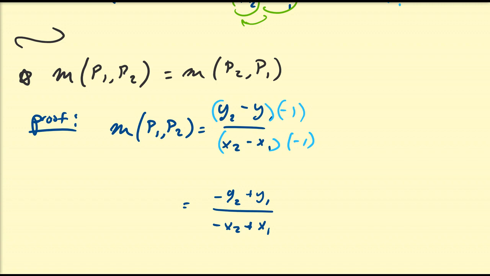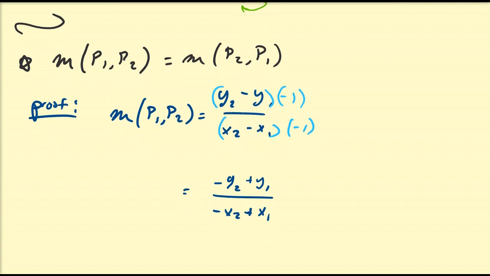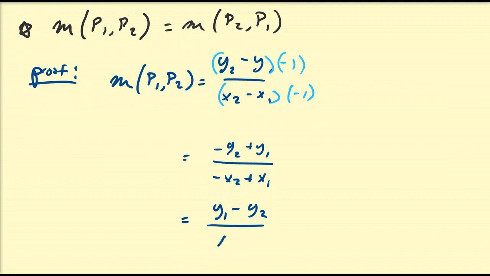And then by the commutative property of addition, we can rearrange these expressions. So this is just going to be equal to y1 minus y2, all divided by x1 minus x2. And of course, this is the slope between point 2 and point 1. So it doesn't really matter the order for which you subtract them as long as the indices match up perfectly.